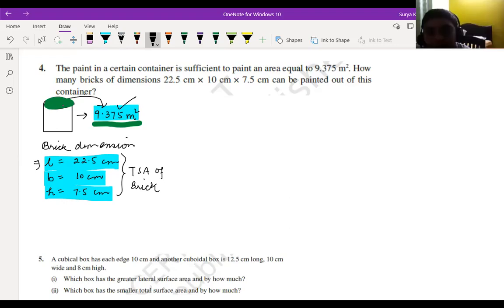See what we can do. The paint area should be equal to the number of bricks into the TSA of each brick. See, I'm writing here.